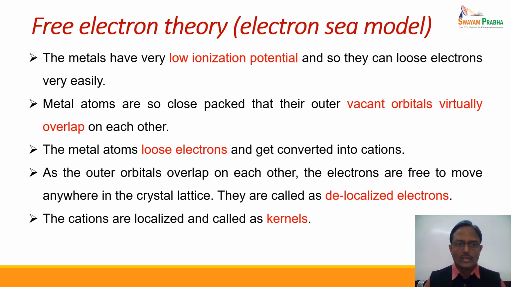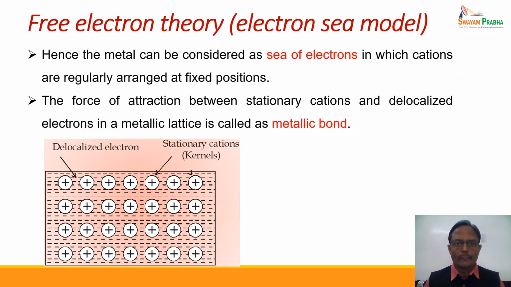The cations are localized at their places and they are called kernels. So, according to free electron theory, the electrons are free, while the cations formed by loss of electrons are stationary.